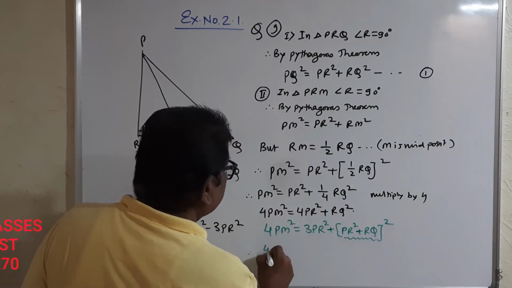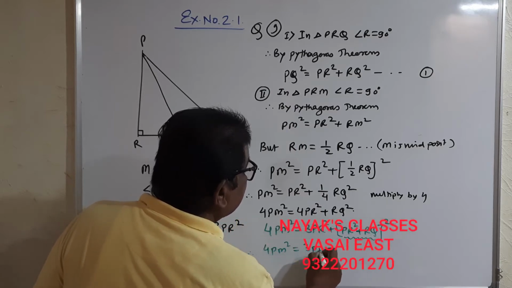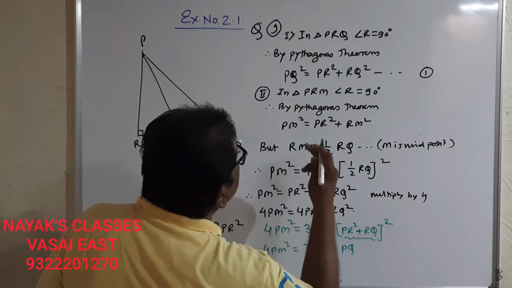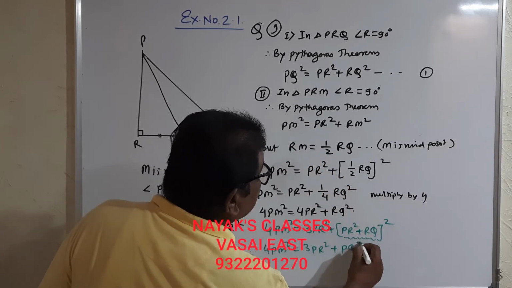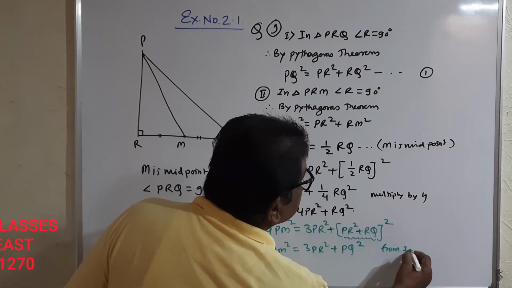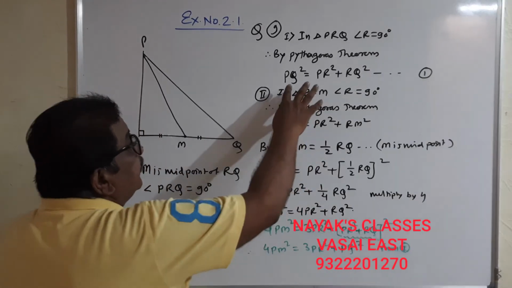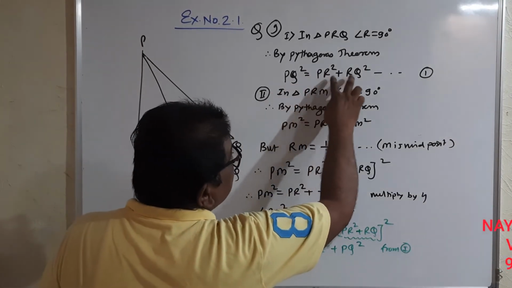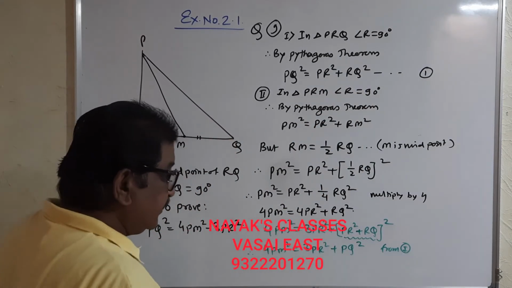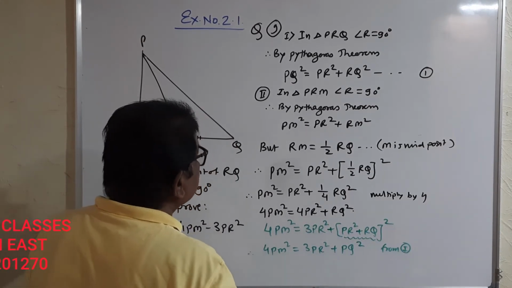So it will be 4 PM square is equal to 3 PR square plus PQ the whole square from 1. What does statement number 1 say? PQ square is nothing but PR square plus RQ square. We have put the value. Okay. Now transfer this 3 PR square to this side.